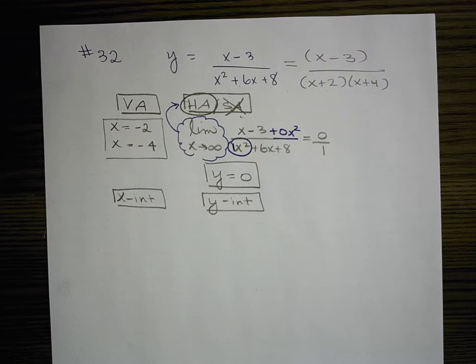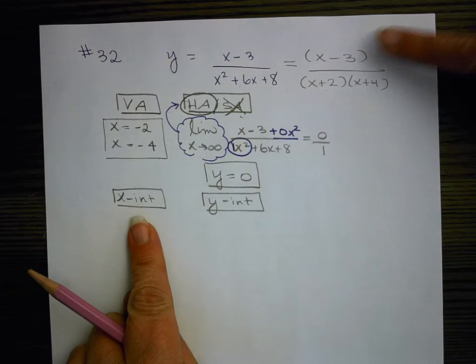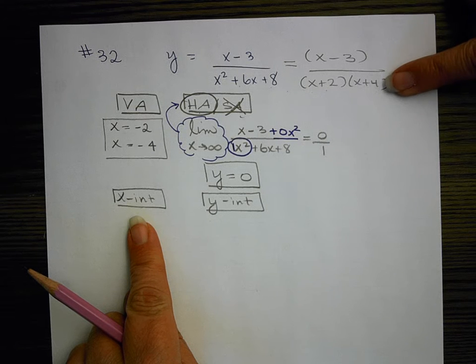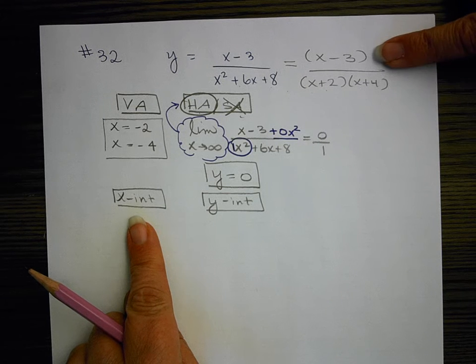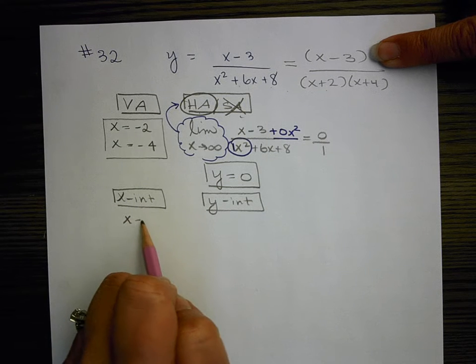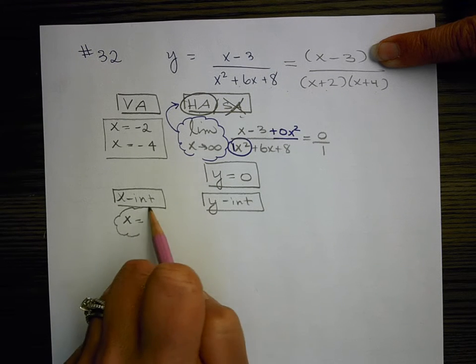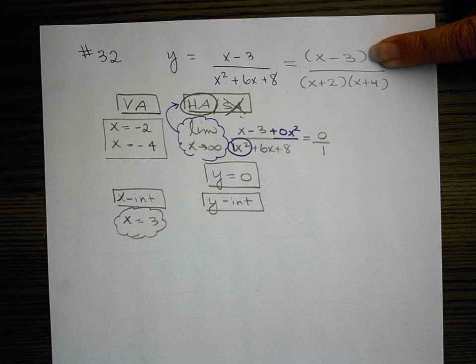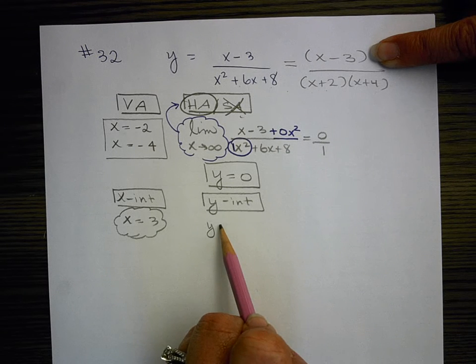So for my x-intercepts, I always look at the numerator, right? Because in order for a fraction to be 0, the top has to be 0. So my x-intercept, looking up here, would be x equals 3. So then there's my x-intercept. And then for my y-intercept, I just replace all of the x's with 0.